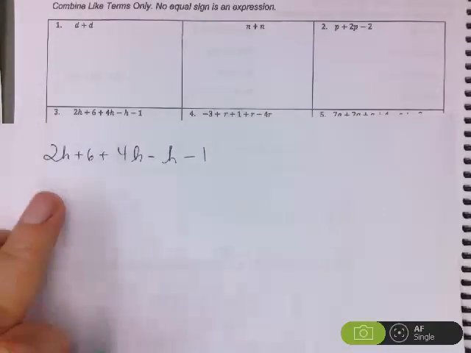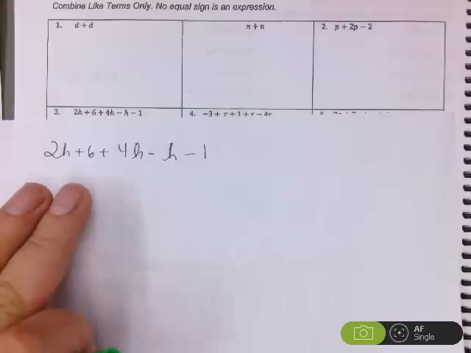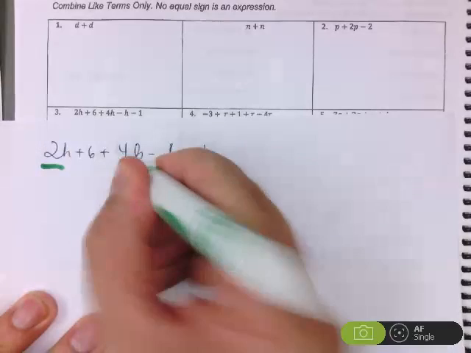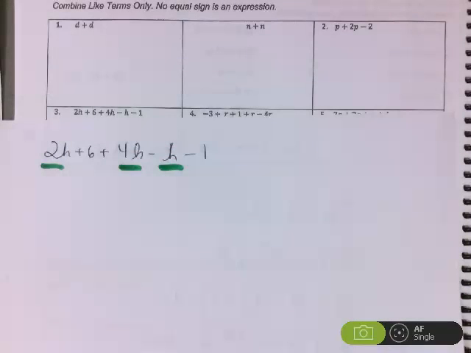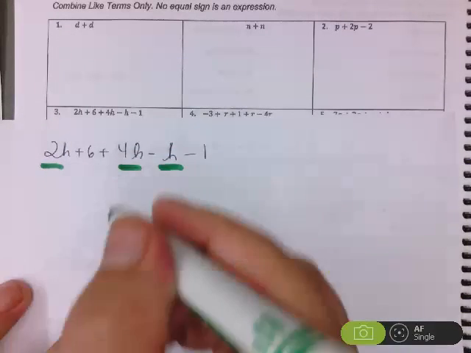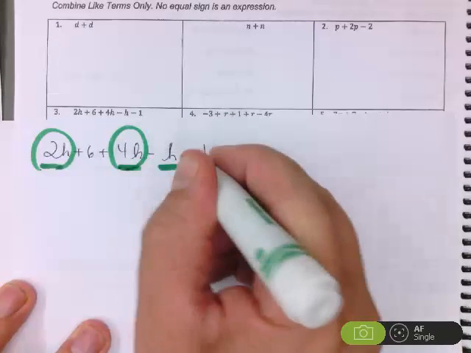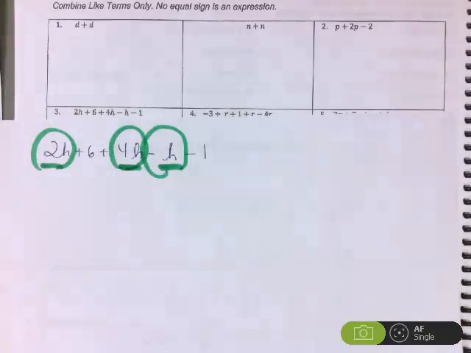In this case, this isn't too complicated because I only have h's. Sometimes I have more than one variable. I could have x squareds in there. But in this case, I just have h's. What do I need to remember? I need to remember that the sign goes with these, so that negative is going to go with my h.